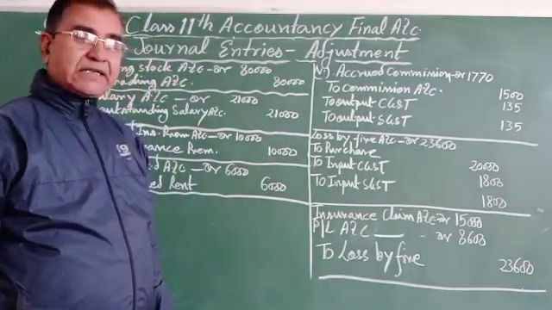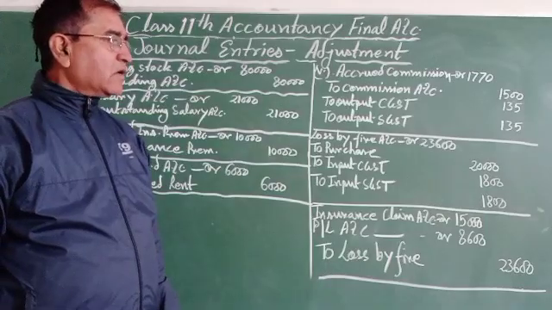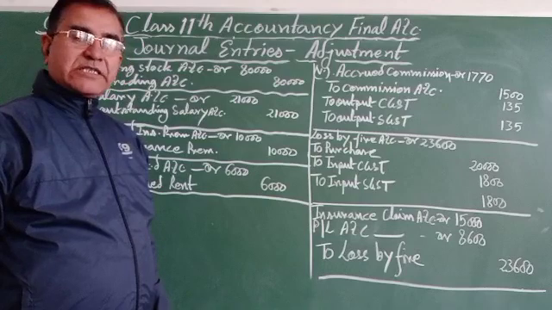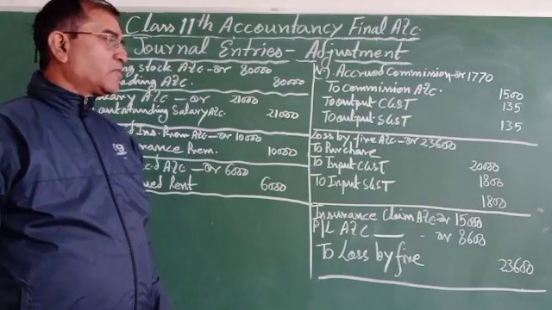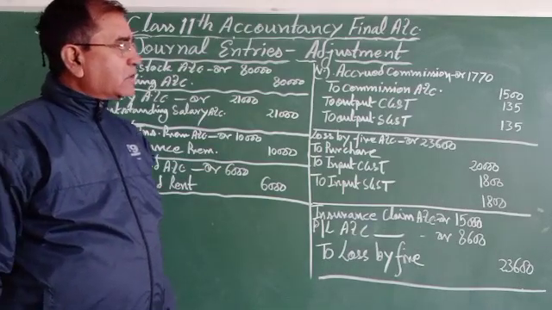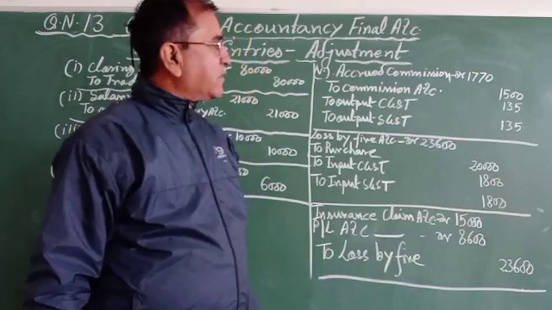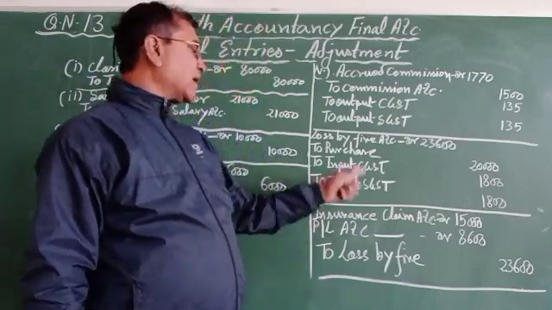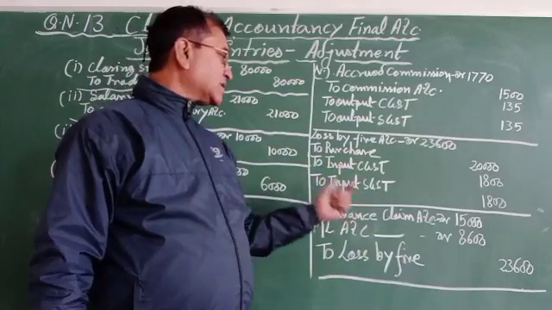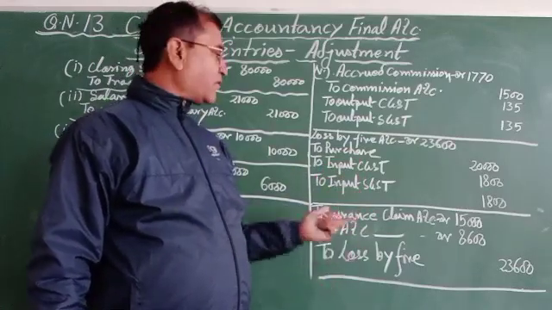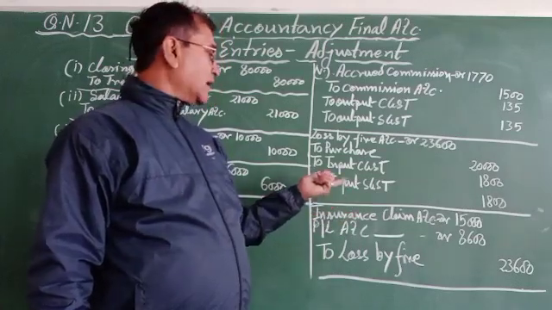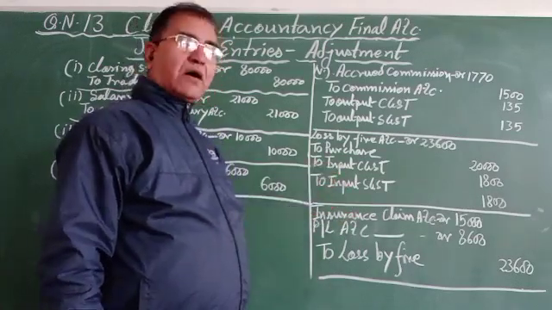So 1500 that is given, so 9%, 135, that will be the output CGST and output SGST. So accrued commission will be 1770.